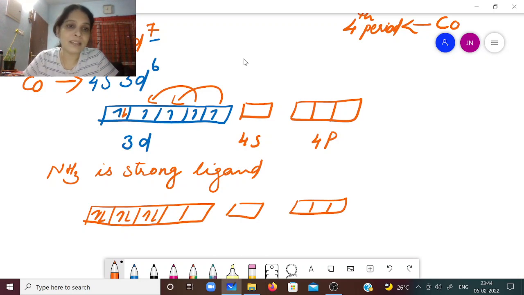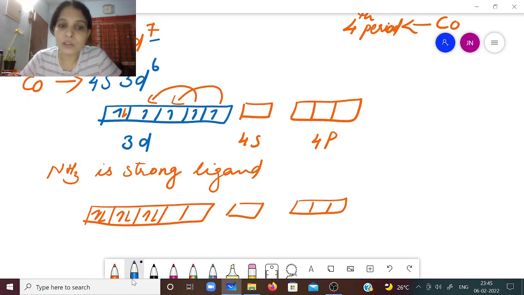Now you know that around cobalt, 6 ammonias are there. That means the coordination number of cobalt is 6. That means 6 ammonia will give electrons to cobalt. So cobalt should be able to accept the 6 electron pairs in 6 hybridized orbitals. In order to get 6 hybridized orbitals, there should be 6 individual orbitals.